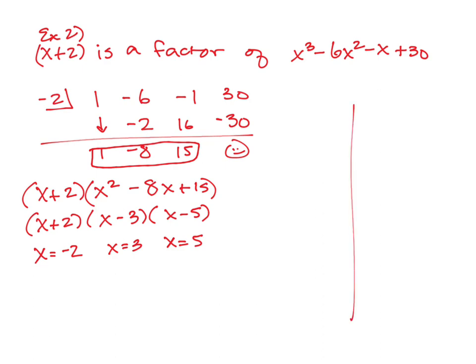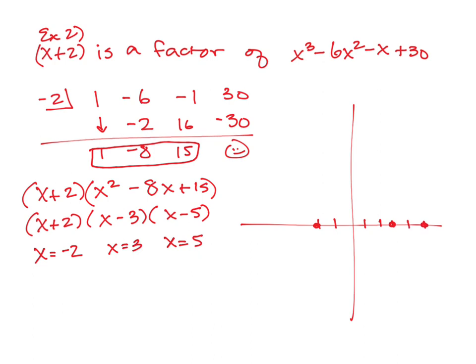So what does this thing look like graphically? Let's tie it all together, a real big pretty bow. It crosses the x-axis at negative 2. What else? 3 and 5.